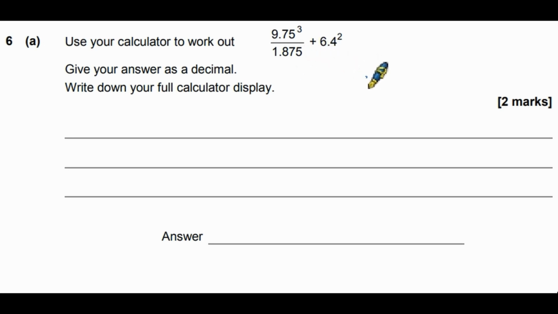Question 6, part A, says use your calculator to work out 9.75 cubed divided by 1.875 plus 6.4 squared. So you're feeding this into your calculator. It may change slightly depending on the brand of calculator, but you can feed this in as a linear calculation because of BIDMAS, we're doing the divide before we're doing the plus.